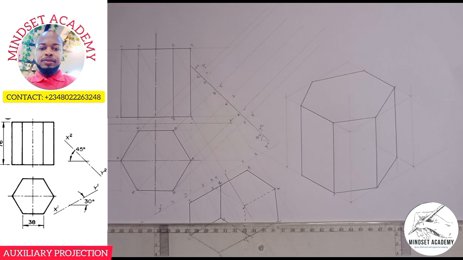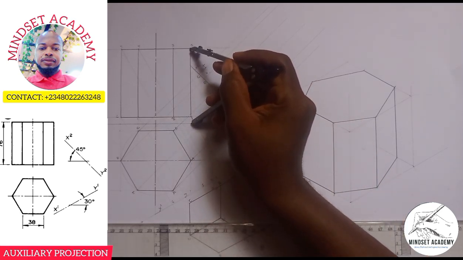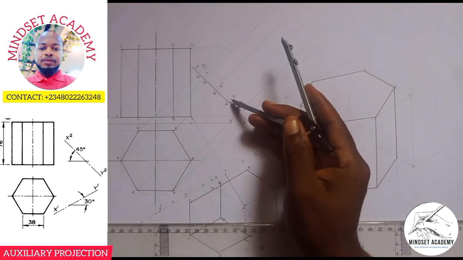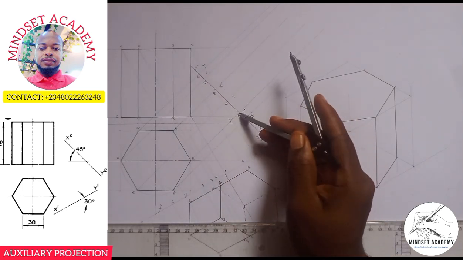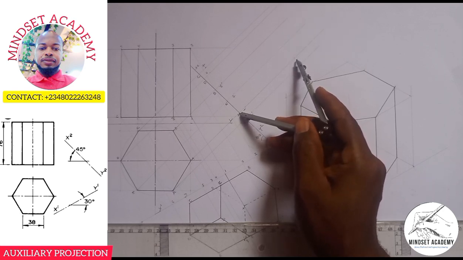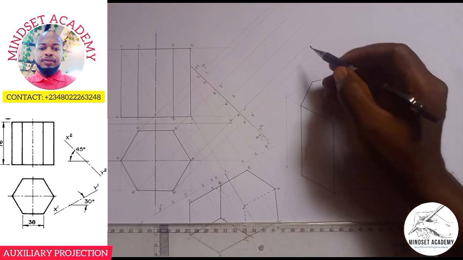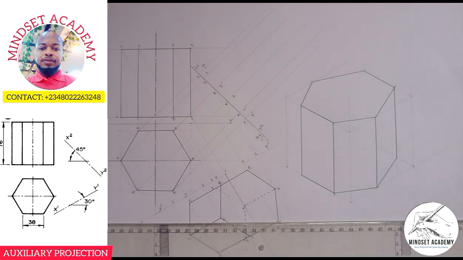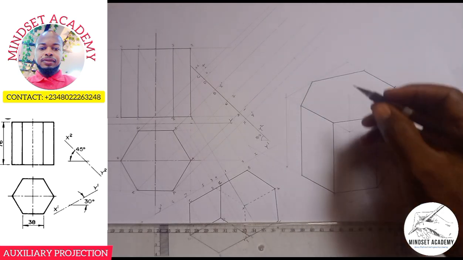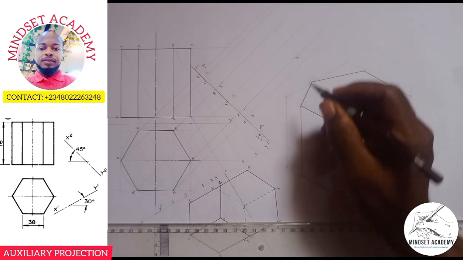So I'll just come here from the reference point to the upper one, 2. We'll come to the line of A, I'll mark 2. Then the next one is this point you see here, which is point 2. I'll do again.